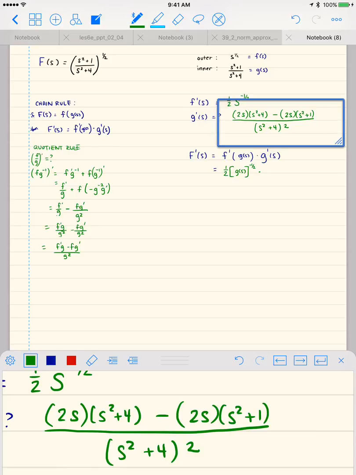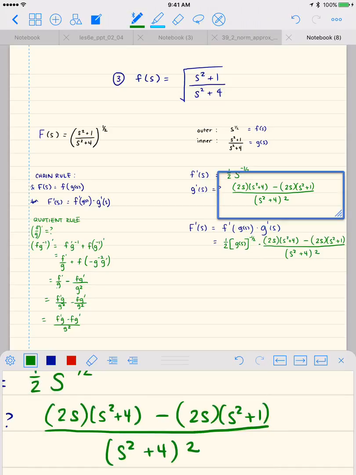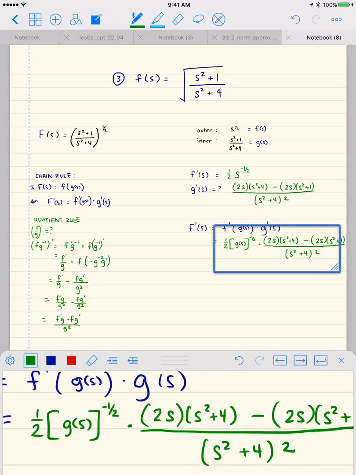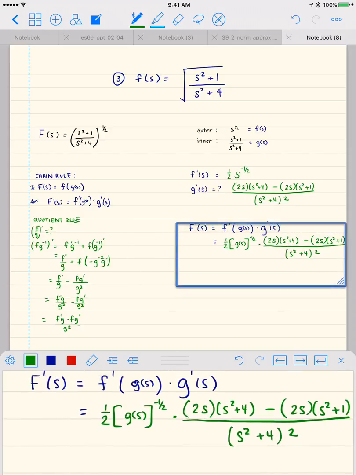In fact, it'd be so great if I could just do this. Copy, paste. I love technology. Okay. So now this is equal to, let's see here, maybe we can make my zoom bigger.